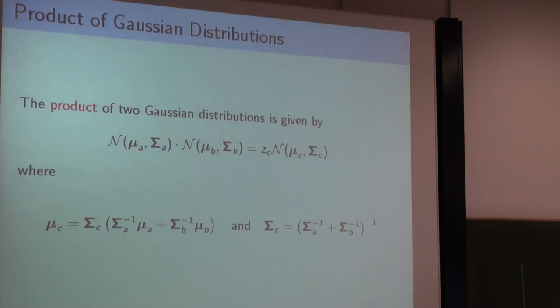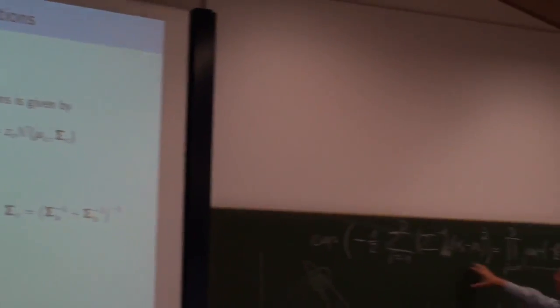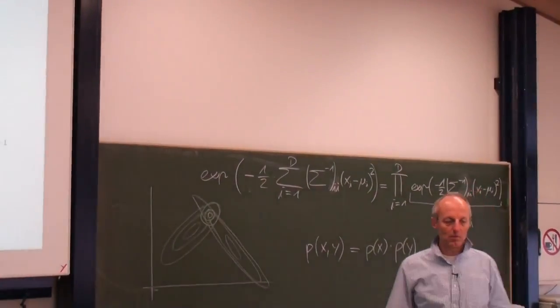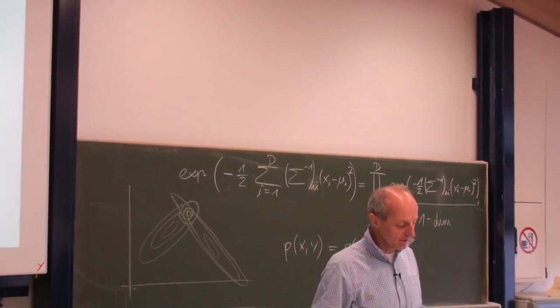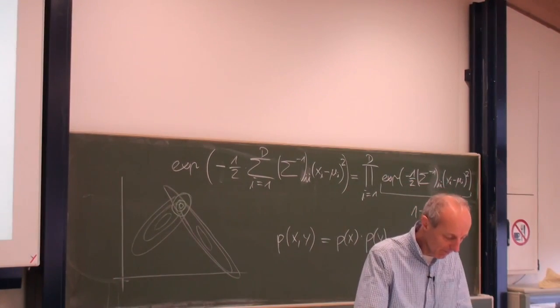You take the two old covariance matrices and get the new one from this. And that's how you get the new mean. Proving this formula is not trivial because it's really technical, with these vectors and matrices in the exponents.